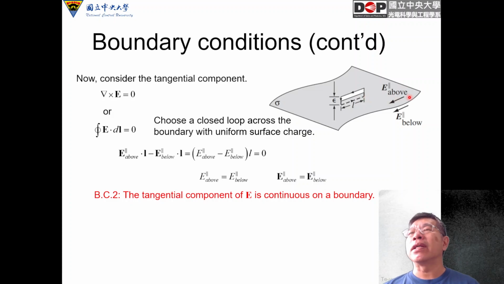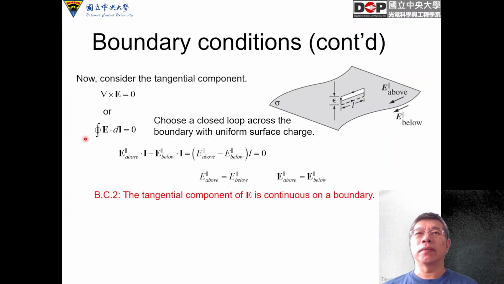What we care about is the parallel electric field, so we write down the parallel electric field. This is equivalent to the closed loop integral, which will be 0. So we choose a closed loop across this boundary with uniform surface charge along this distance L.